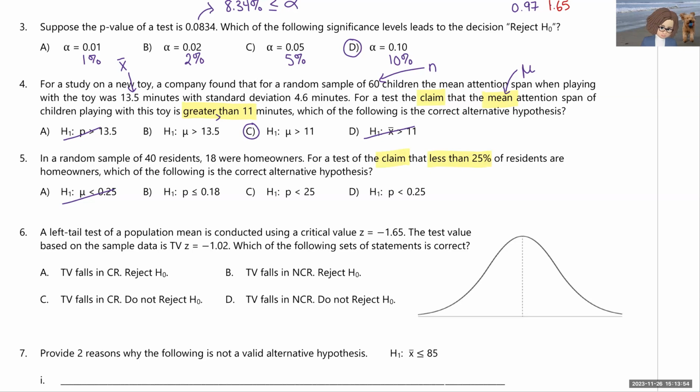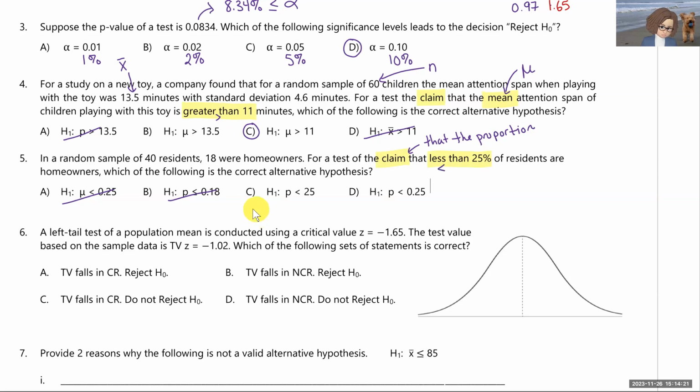So less than 25%. I prefer if we say the word proportion. So for a test of a claim that the proportion is less than 25%, we do know it's a proportion because it says percent. All right, so not that one. So we're looking for less than 25%.